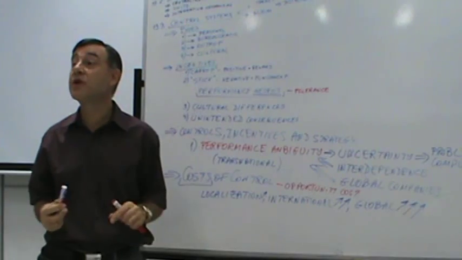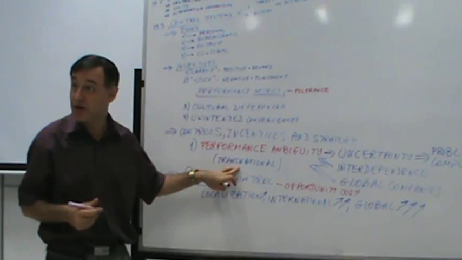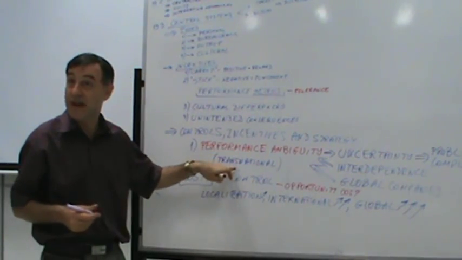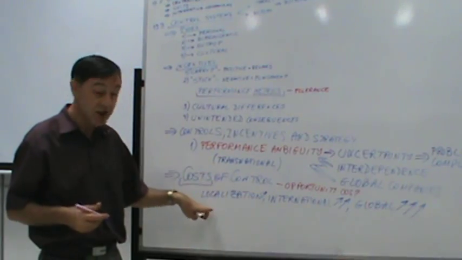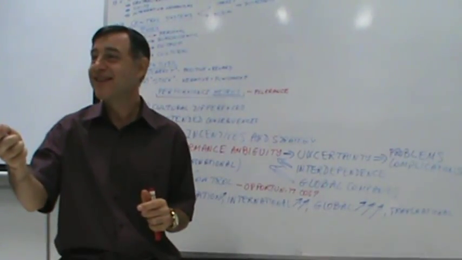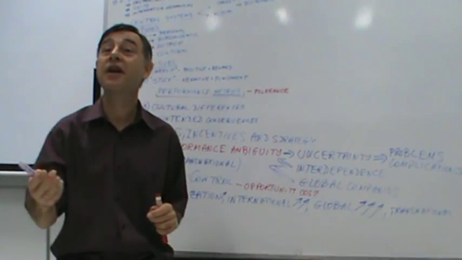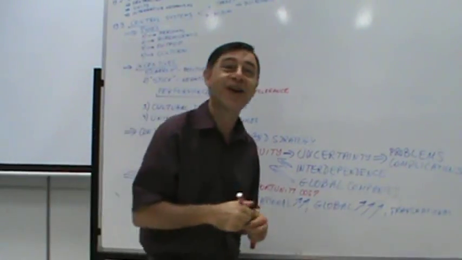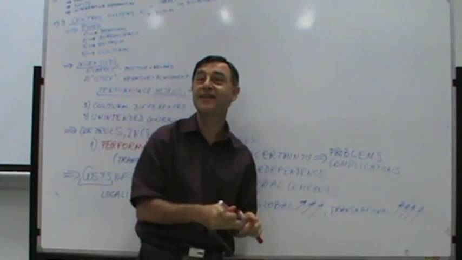And as I was explaining in here, the highest ambiguity, complexity, and all the other stuff is in transnational strategy. And now you're smart enough, right? We're designating it with four arrows.